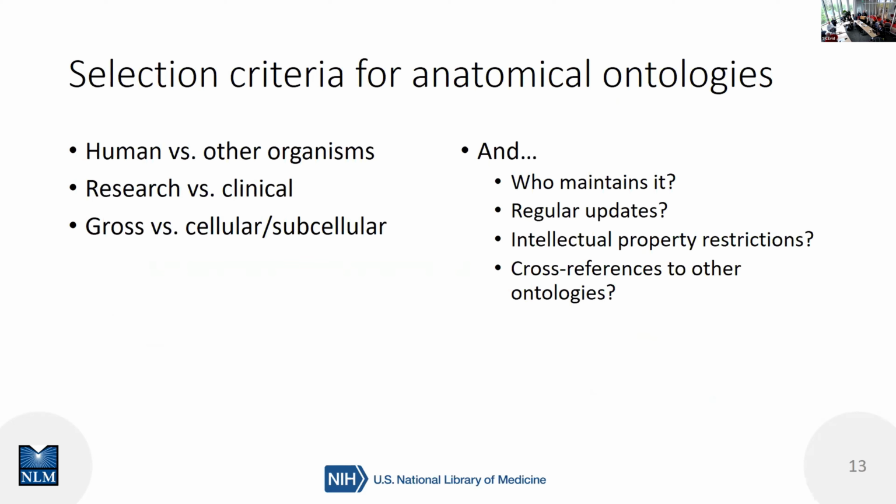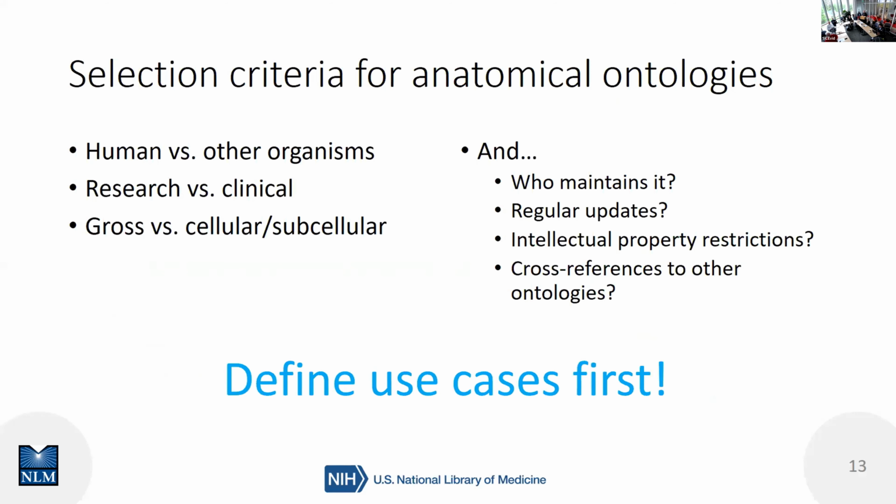And of course, the use case has to come first. Depending on your use case, you may want to find something that targets human anatomy versus the anatomy in other organisms, or maybe both. And if you need to go across, there's going to be Uberon, for example, to help you with this.